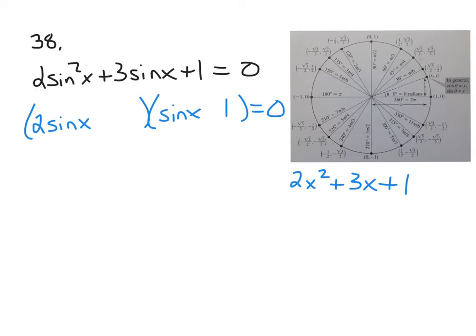This one's a pretty straightforward one. There's only so many factors that it could be. And so then, right, that works out. If you need to FOIL it, that's a good idea. But now we have two factors, and so now we can set both of those equal to 0.